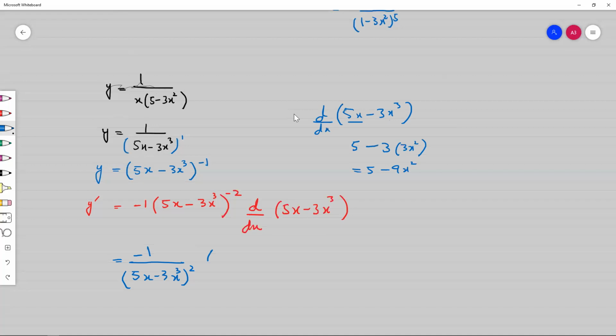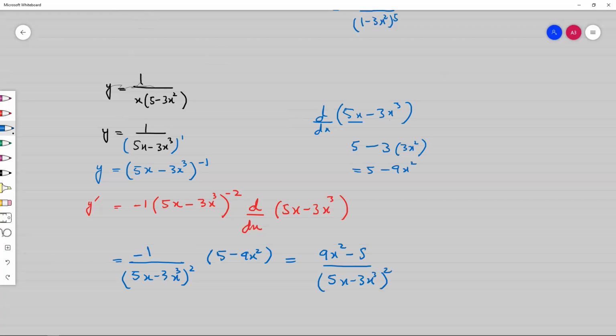So here you can write 5 minus 9x square, or the final minus into, you can multiply inside the bracket minus. So if you multiply minus 1, it would become 9x square minus 5 over 5x minus 3x cube whole power 2.